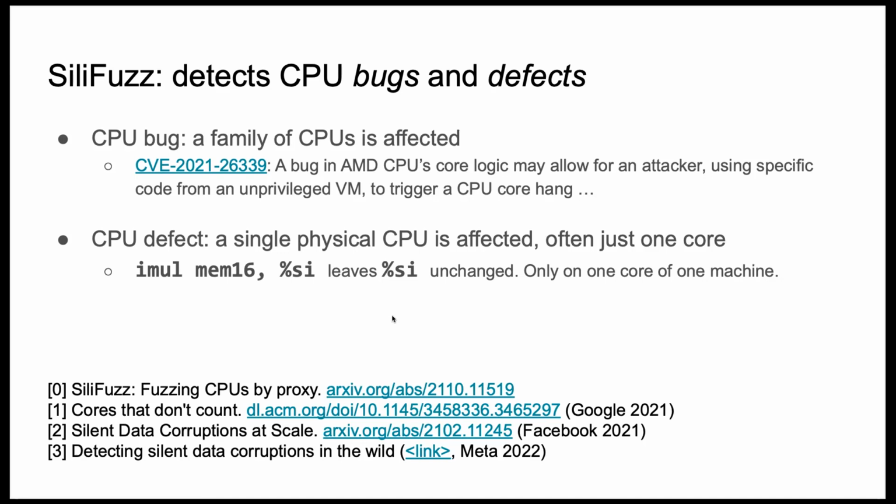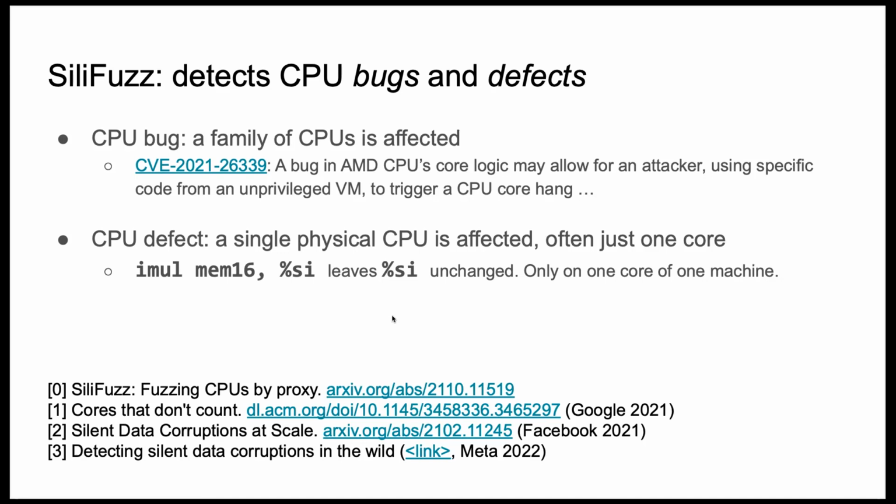Like on this slide, this is integer multiplication, where the first parameter is a memory location and the second parameter is a specific register. This instruction will miscompute. And in one instance that we found, it just leaves the output register unchanged.